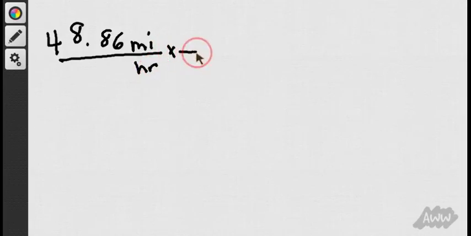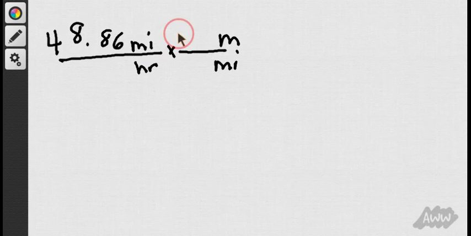Now we need to do our thinking line, and we need to get into meters per second. So let's deal with miles first. Since we want miles to cancel, it's going to go on bottom. We want to go into meters, and there's 1,609 meters in 1 mile, and that's a conversion factor that you'd find off of a sheet.